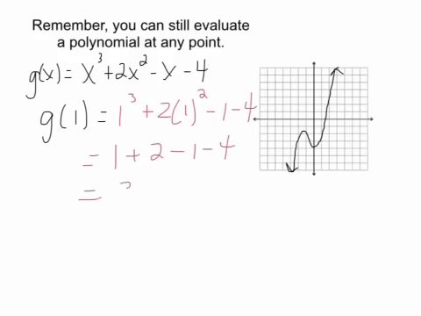So I'd have 3 minus 5, which is negative 2. What that means is that when my x is 1, my y is negative 2. So I should be able to find that point on this graph. So yeah, when my x is 1, my y is negative 2. So there's that point.